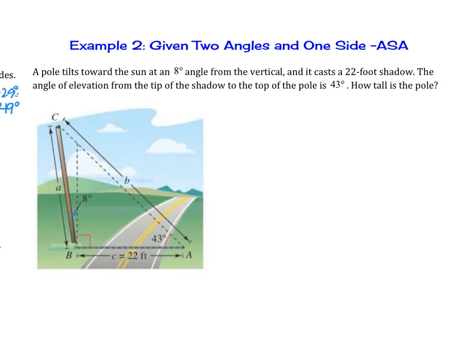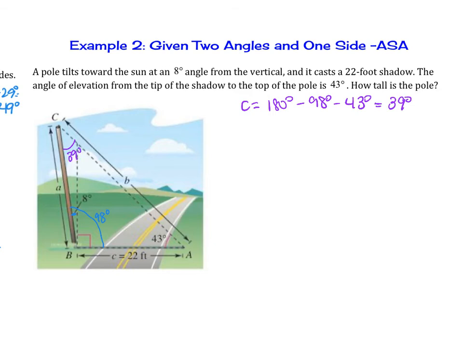Then we can figure out this entire angle here. So angle B is 90 plus 8, which is 98 degrees. And from knowing that, we can figure out angle C. Angle C will be 180 degrees minus 98 degrees minus 43 degrees, and so that is 39 degrees.